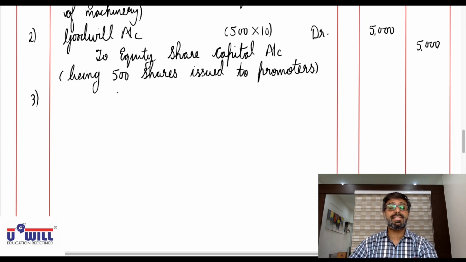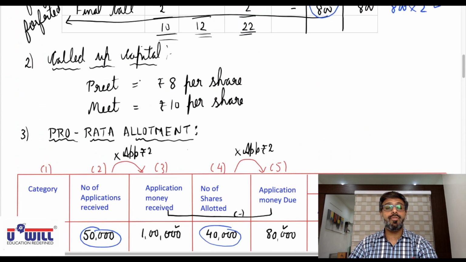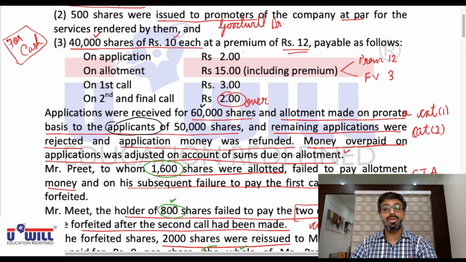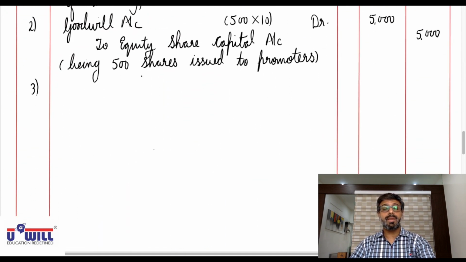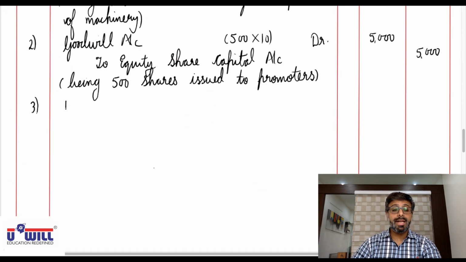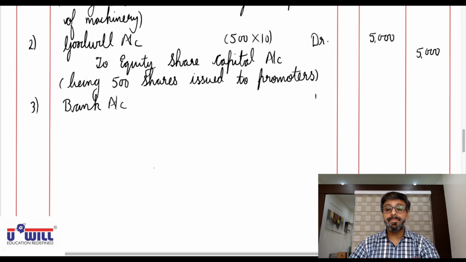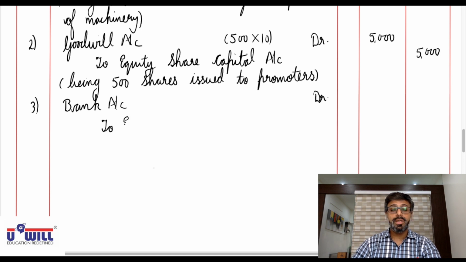Then now we start with the regular entries of issue of shares for cash. In that, bank is the receiver, debit the receiver, so bank account debit, and temporarily we transfer the money to equity share application account.